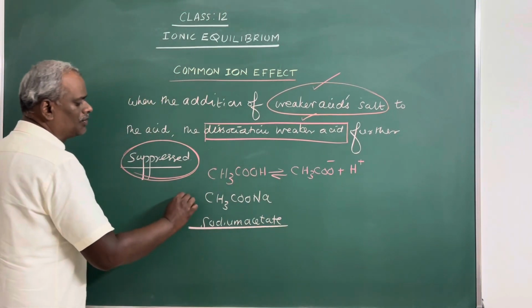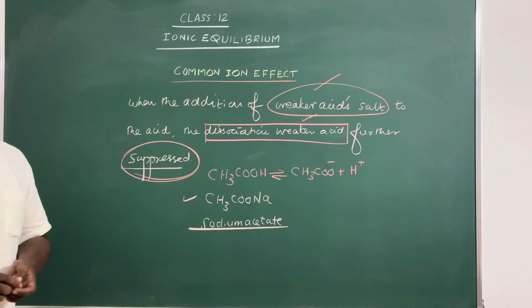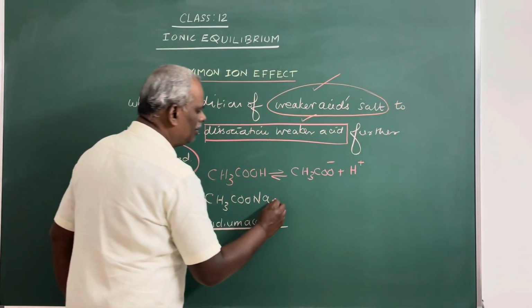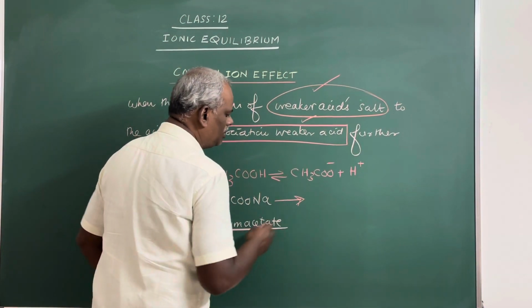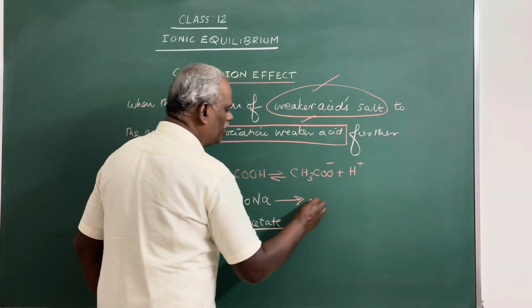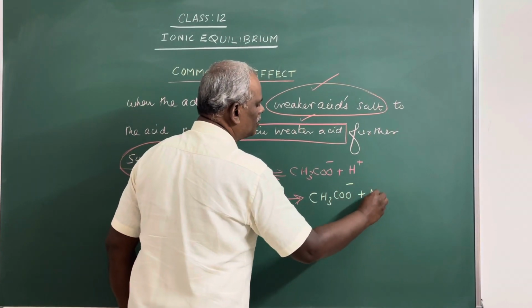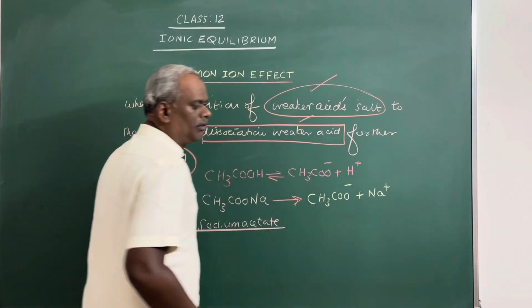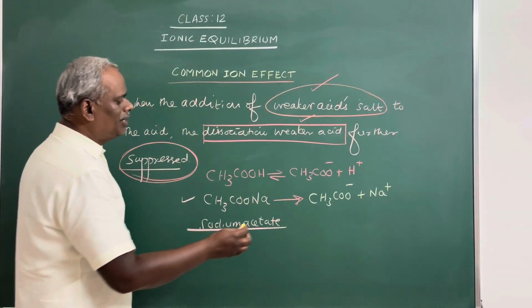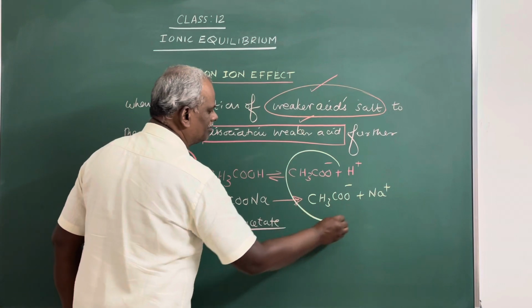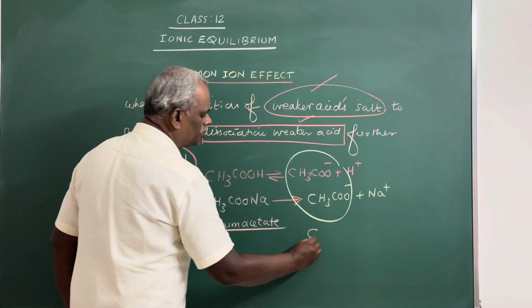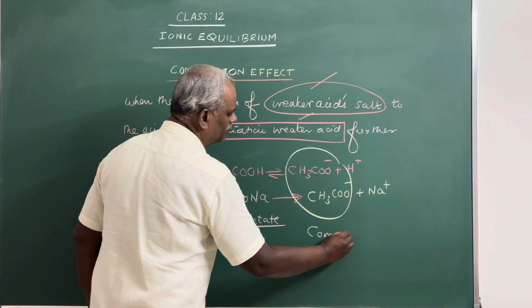The salt of the same acid is added. When you take this salt, it's a stronger electrolyte and that would be completely dissociated to form CH3COO minus and Na plus. Now you see, the concentration of acetate increases. This ion is becoming the common ion.